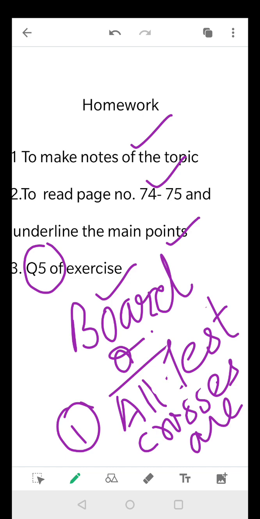Explain. Okay, I'm repeating the question. All test crosses are back crosses, but all back crosses are not test crosses. Explain. And this question has been asked for 3 marks. So it is one of the very important questions. Okay?